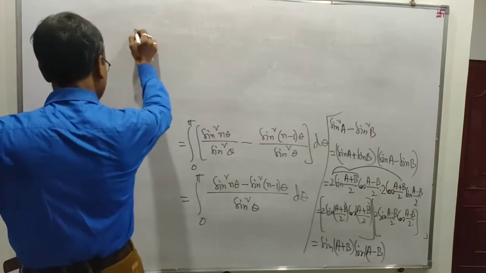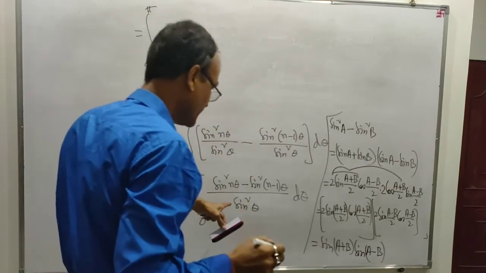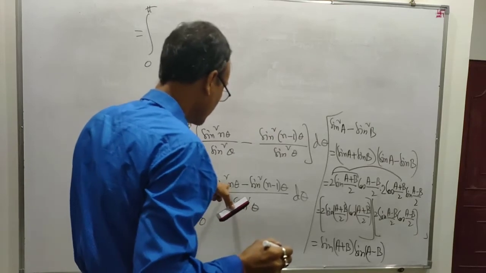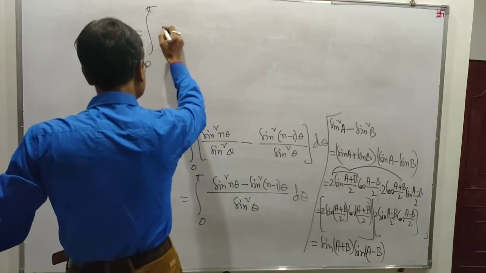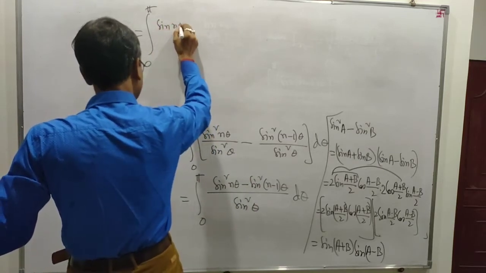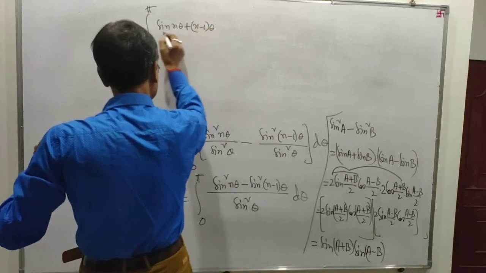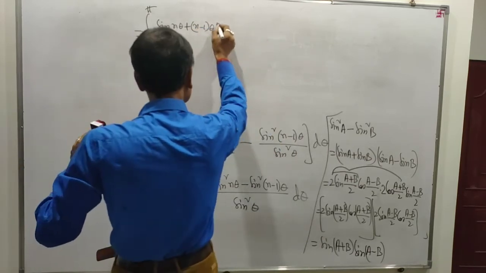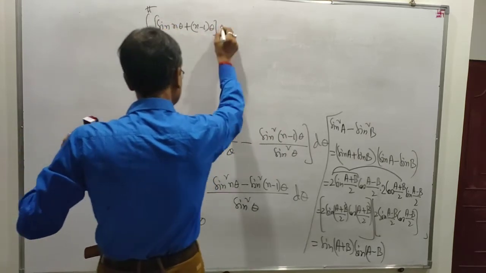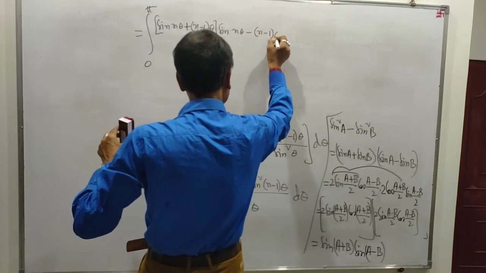So this is equal to integral 0 to pi of sin square A minus sin square B, which is sin (A plus B) into sin (A minus B), that is, sin (n theta plus (n minus 1) theta) into sin (n theta minus (n minus 1) theta).